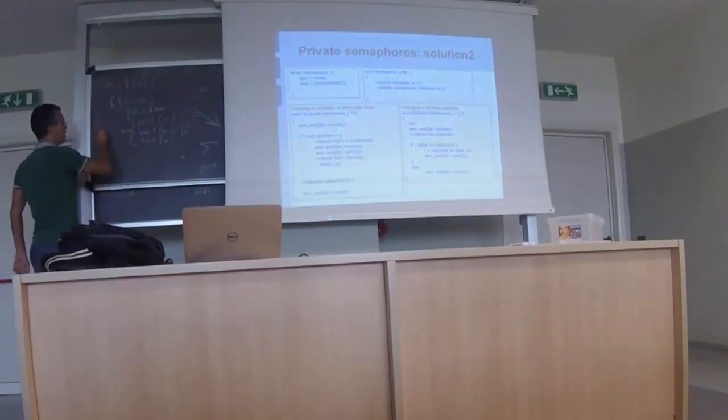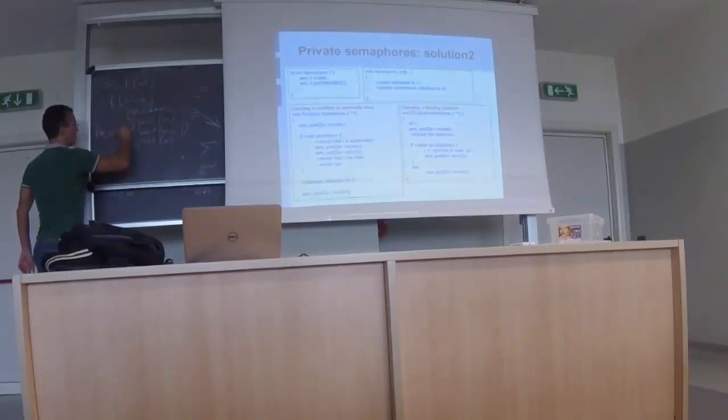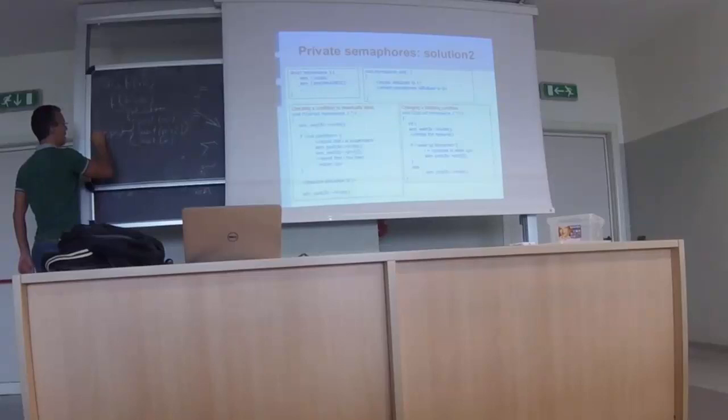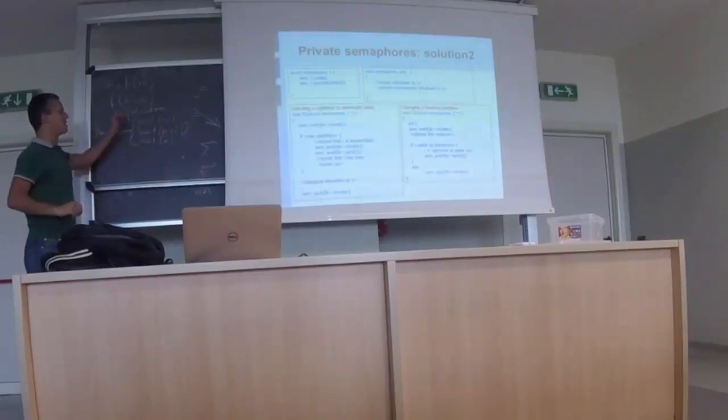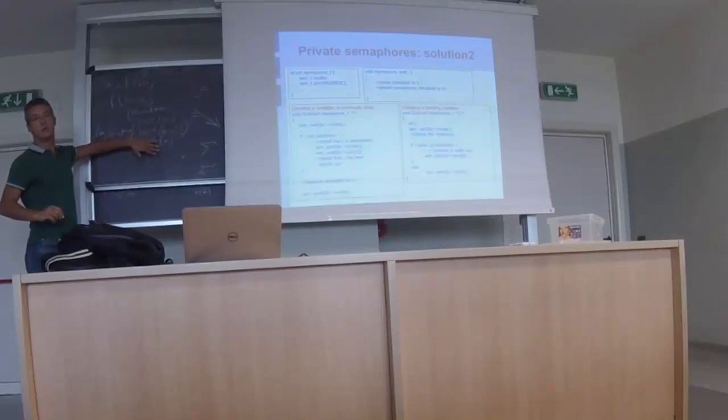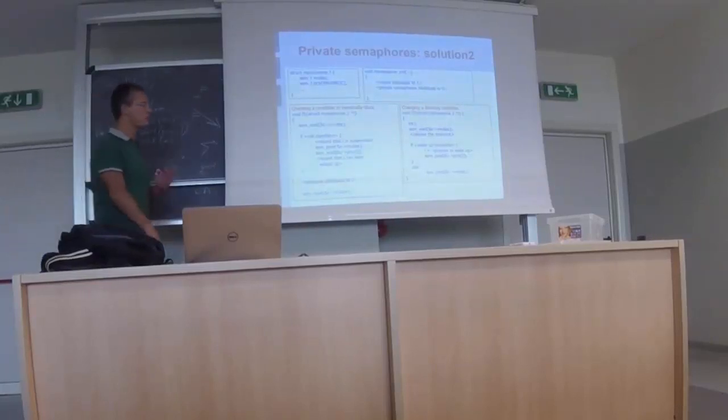I need the argument of the mutex and the private semaphore. And I can do another instruction that basically does that. It releases the mutex before potentially blocking, and before continuing, it shall reacquire the mutex. This is what we are going to see now.